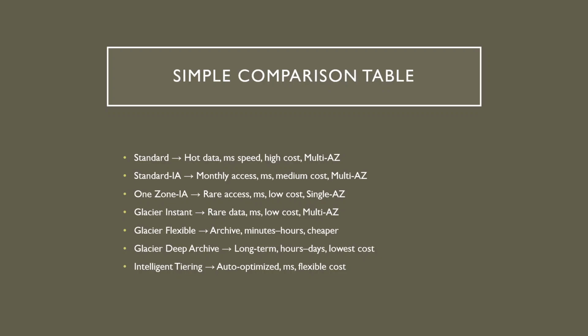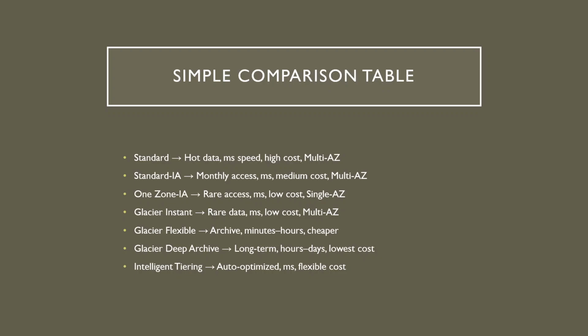Suppose we want One Zone: it's for rare, non-critical workloads, and its cost is low. There is only a single availability zone in One Zone IA. See here, all the rest of them are multi-availability zone.